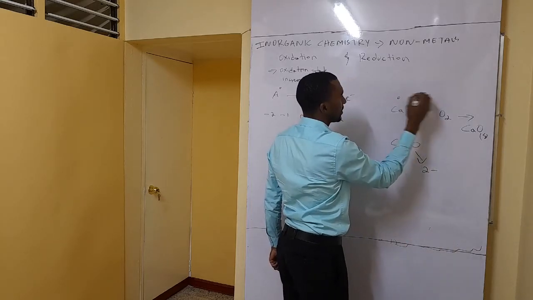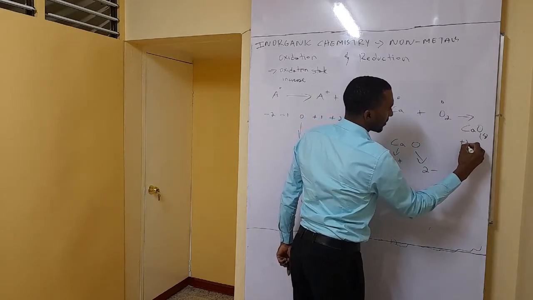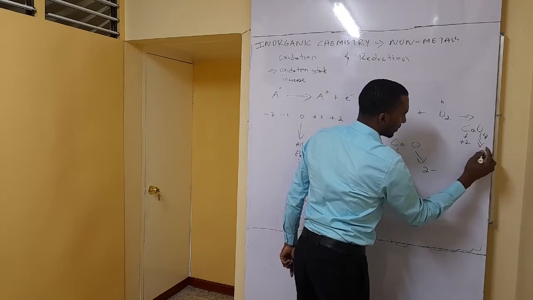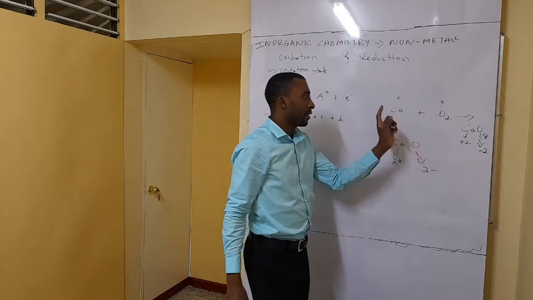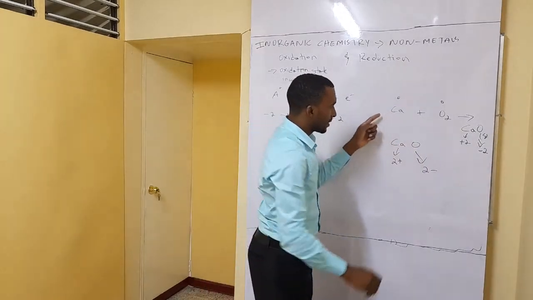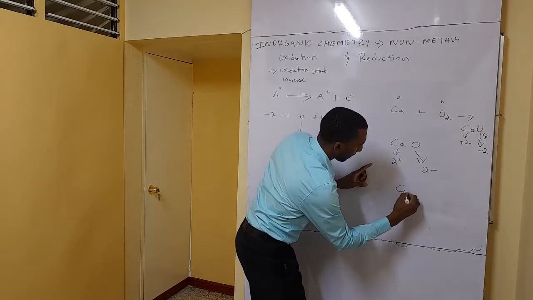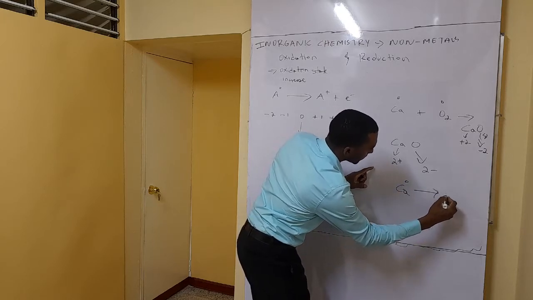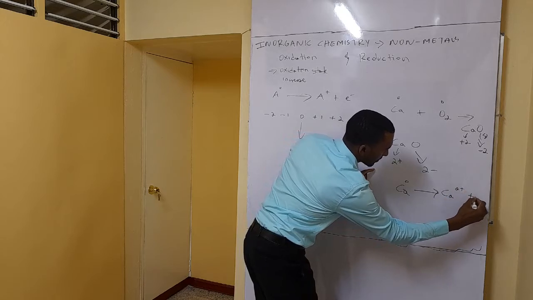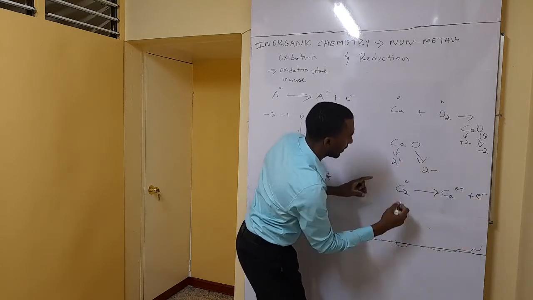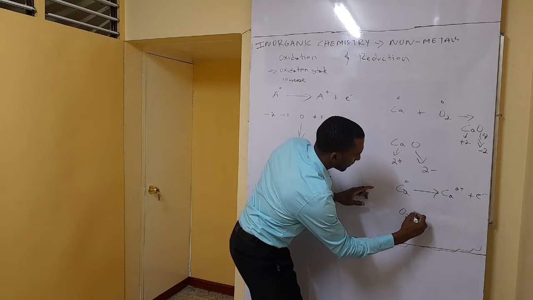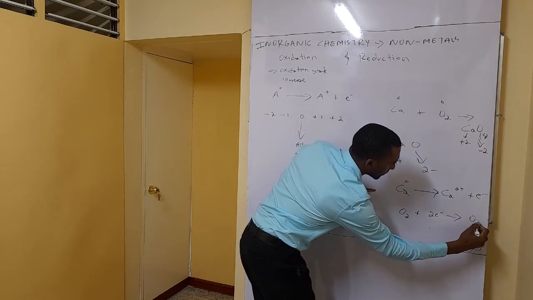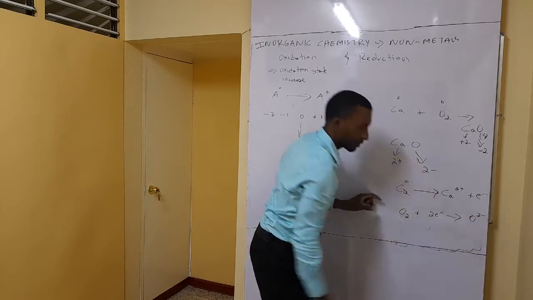you can see that this would be a 0, this plus 2, and this is minus 2. You can see that in this case the calcium will move from 0 to 2 plus, losing electrons, while the oxygen, plus 2 electrons, will go to 2 minus.